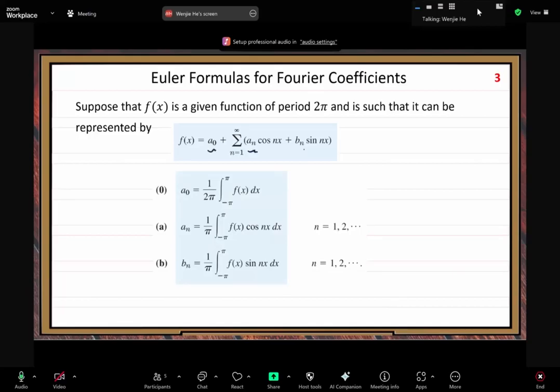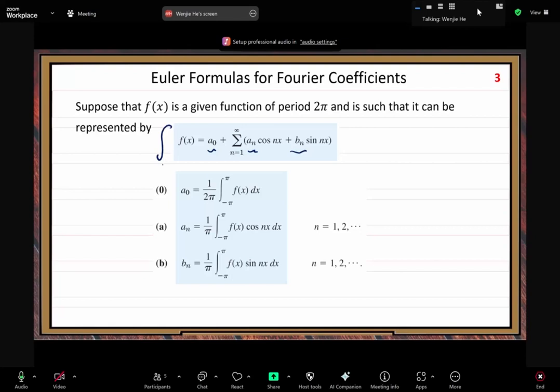Because if we want to represent a periodic function in the trigonometric series, how to calculate the coefficients? By orthogonality. Similar to what we did, can we multiply both sides by one of the functions?